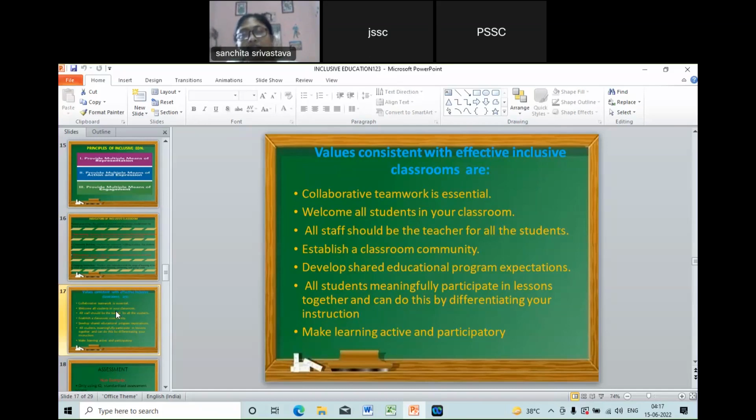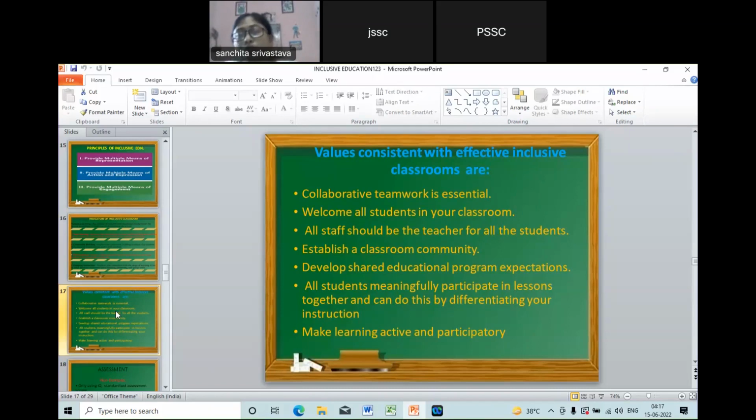Okay, and another thing is, when we are dealing with that, we have to establish a classroom community and develop shared educational program expectations. Shared educational program expectations means we have to share among everyone; parents are also to be included when we are dealing with an inclusive classroom. And see, this point is very, very important.